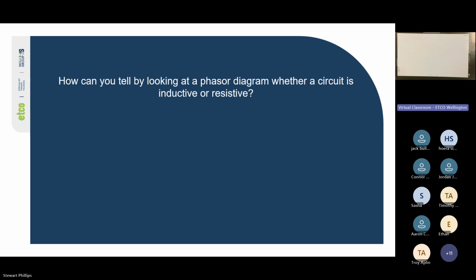How can you tell by looking at a phasor diagram whether a circuit is more inductive or resistive?